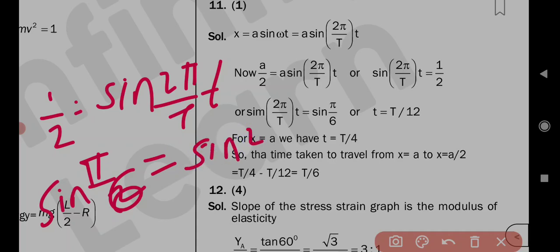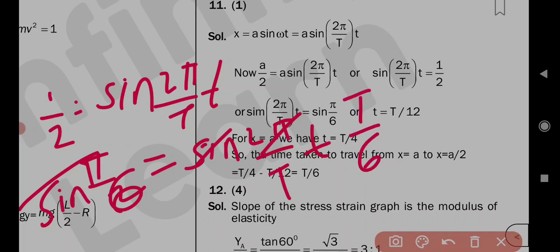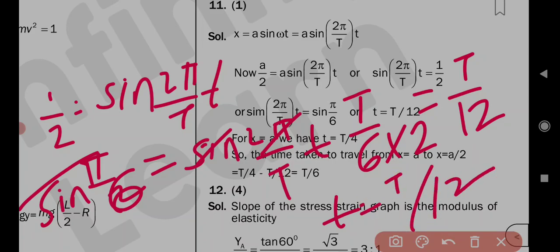So this question is very important guys, so be careful here. So we can cancel the sine, and 2 pi by T into t equals pi by 6, so t will become T by 12. So the time is T by 12, for what guys? We have taken A by 2.